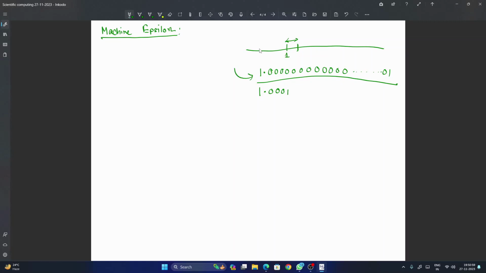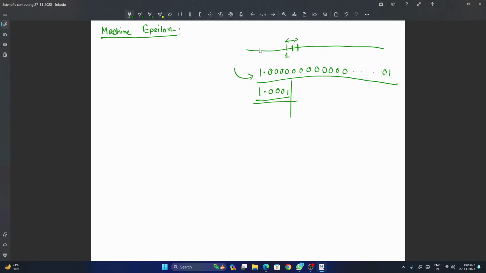If this gap is reduced, your machine is more precise because it can hold very small values also. Otherwise your machine will chop those values and store only up to that term. If your machine takes just 4 mantissa bits, after the 4 mantissa bits it will neglect all the values, or just cut or chop them.